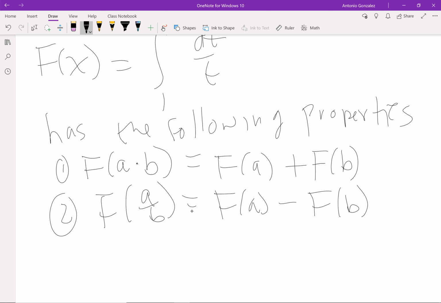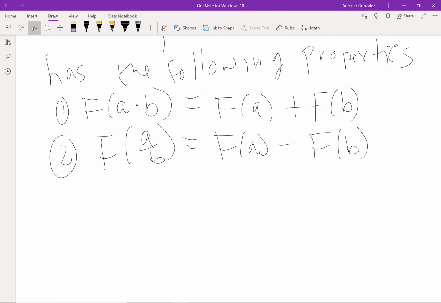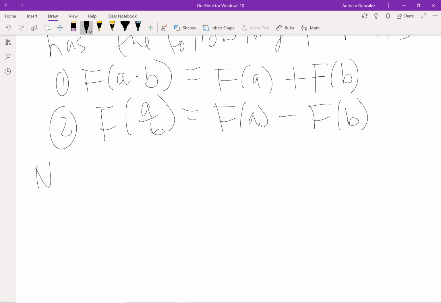So when we are working with this function capital F of x, we won't use the integral definition. We're just going to rebrand it essentially. So what we're going to define F of x to be is what is called the natural logarithm.